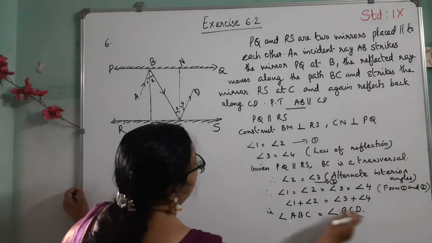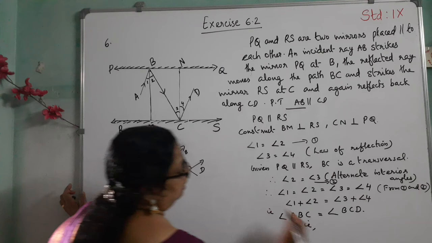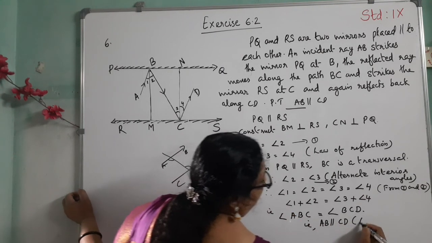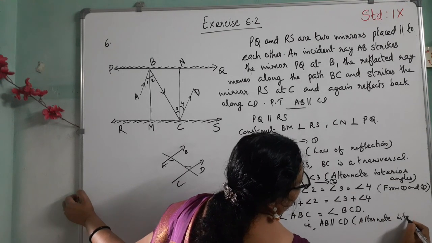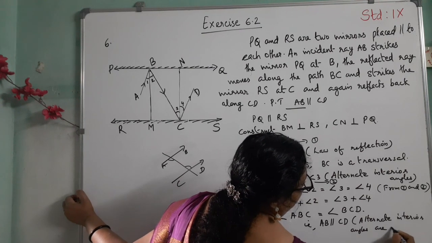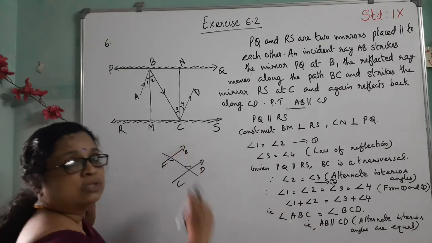So alternate interior angles are equal. Therefore AB is parallel to CD.